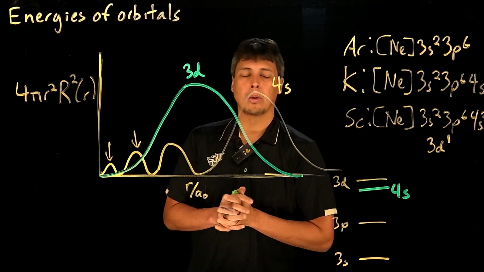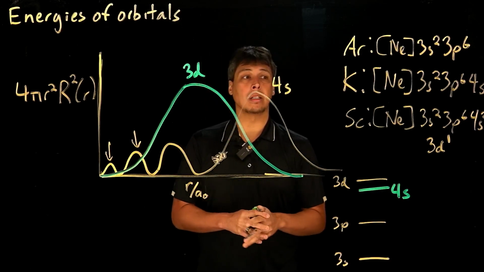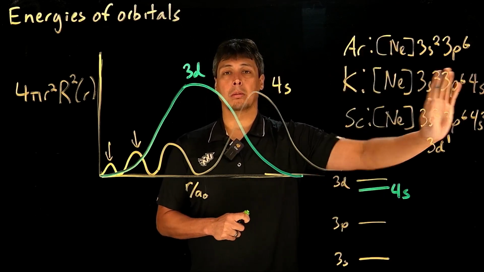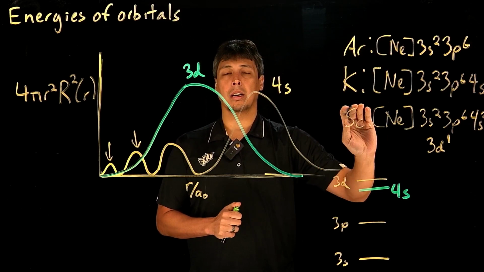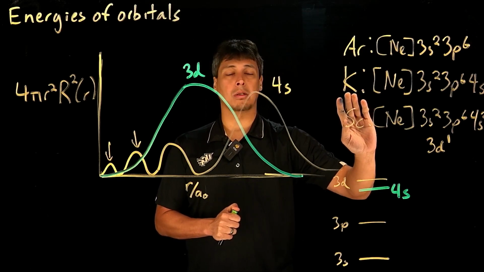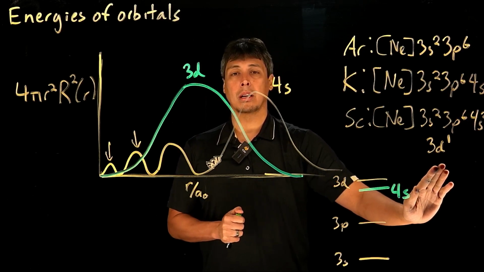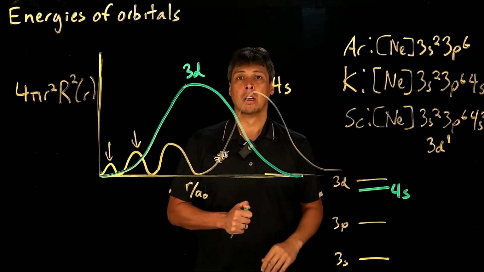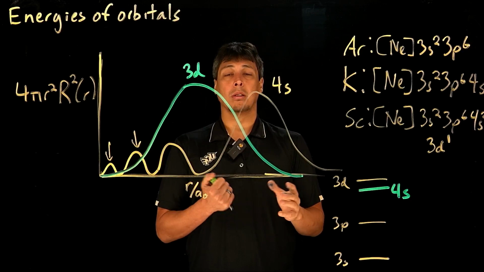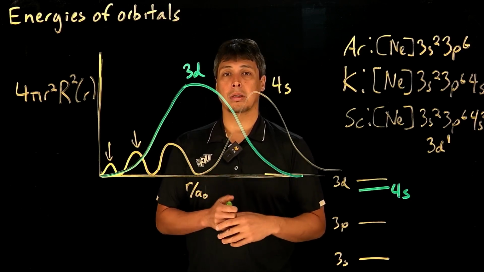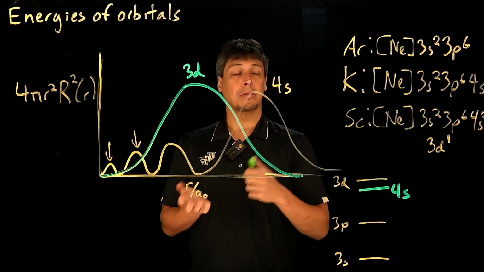And so what we see, again, is this situation where, for the atomic electron configurations, we fill out the 4s orbital before we start to insert electrons into the 3d orbital. But as we'll see when we look at ions, this situation flips and we start to pull electrons out of the 4s orbital first.